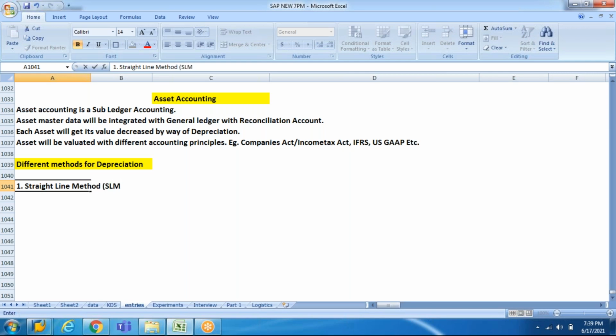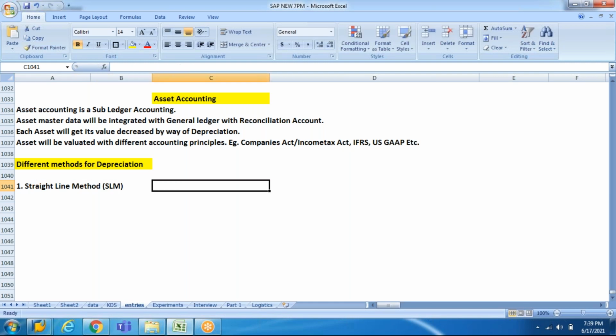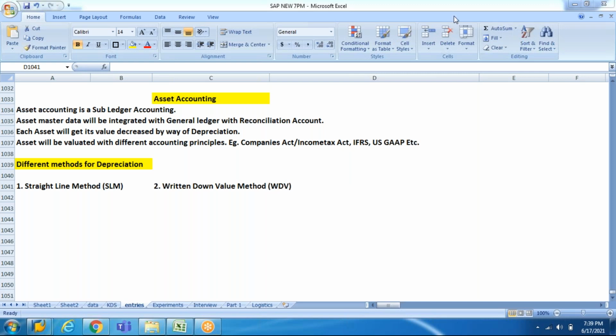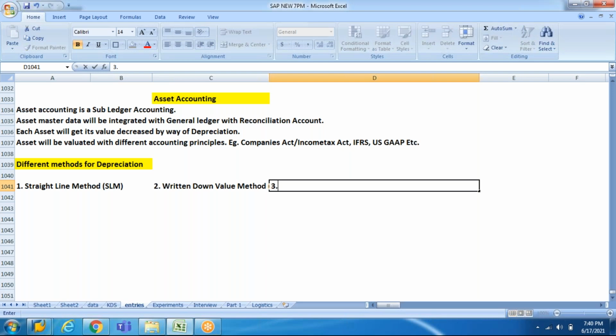This is also called SLM. And the second one is the written down value method. This is WDV. And the third one will be the useful life method.